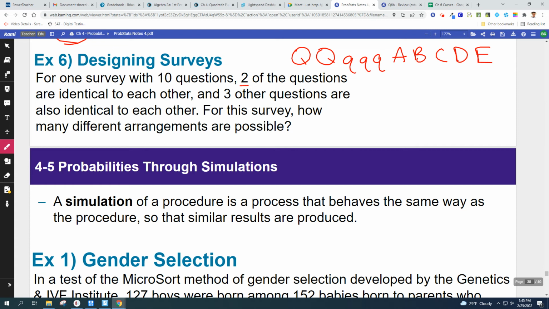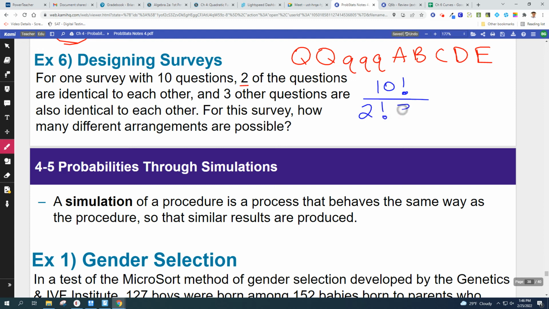It's the same question. So I see 10 total, right? If all 10 of those questions were different, then that answer would be 10 factorial. But since some of them are identical, I'm going to divide by the ways of switching those things around. Since those 2 capital Q's are identical, I'm going to divide by 2 factorial.